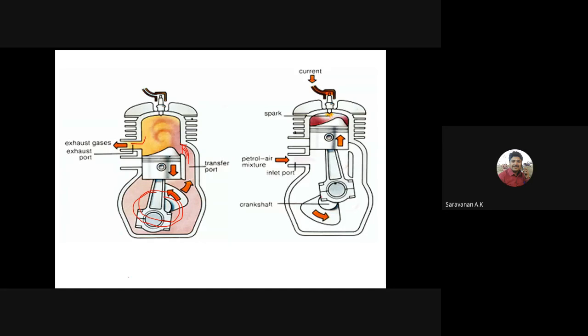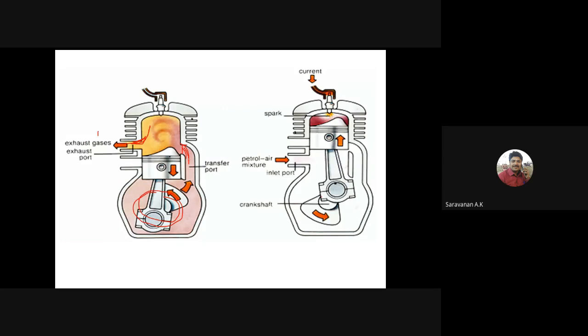Right. So in this downward direction of the piston, the exhaust and the power stroke will happen, right? During the power stroke, the piston moves from the TDC to the BDC. First, it opens the exhaust port. Here the pressure is higher than atmospheric, and outside the pressure is lower, so the exhaust gas moves from the cylinder to the atmosphere.